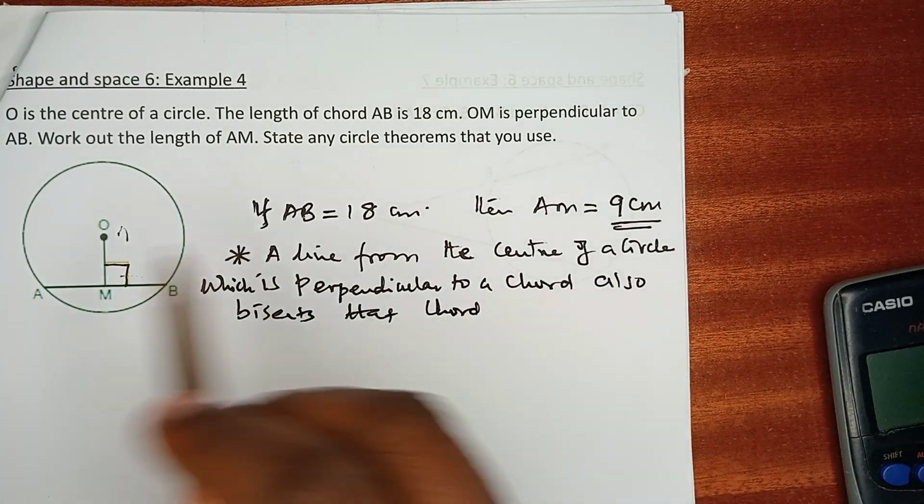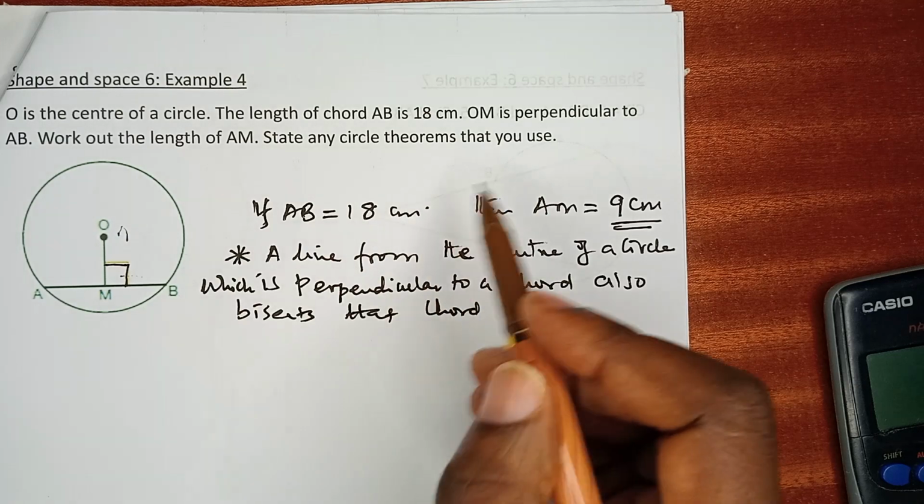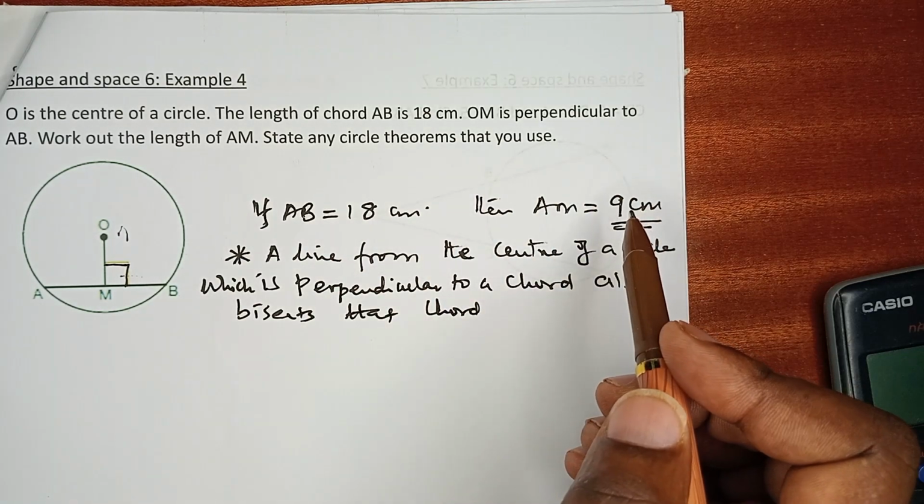That is why the length AM is exactly equal to 9 centimeters.